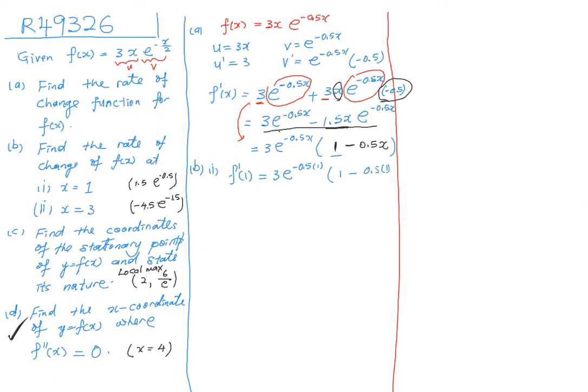Yep. So I got here 3 e to the power negative 0.5, 0.5. So this will be 1.5 e to the power negative 0.5.